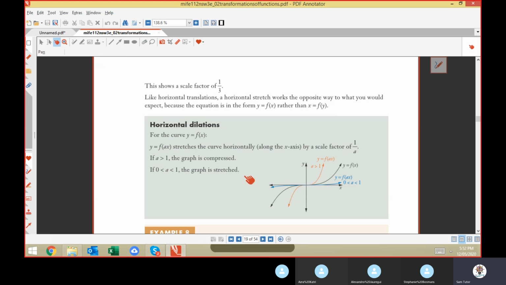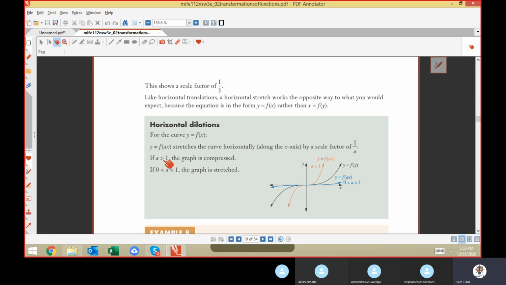If you want to see why that happens, imagine a number greater than 1, so let's just say 2. Because you know the scale factor is 1 on a, that becomes 1 on 2. And we know from above, if it was half, half usually meant to compress or squeeze. If you think of a number between 0 and 1, so let's now say half for a, 1 over a half is 2. 2 was when the graph was actually stretched out. So it works the opposite way, but that's how I remember it.